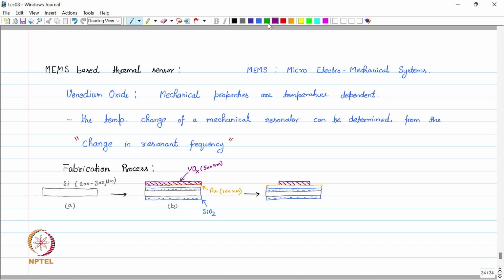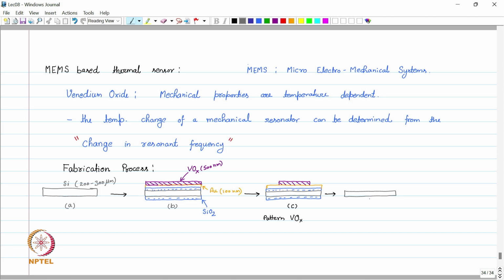So this is our step C, where we pattern VOC, pattern vanadium oxide. In the next step, we take this silicon and from the back side, actually we remove oxide and micro machine it.